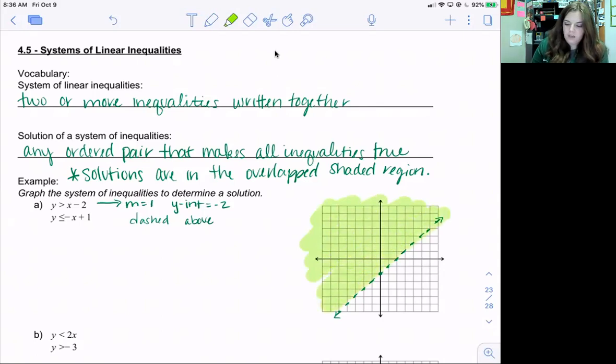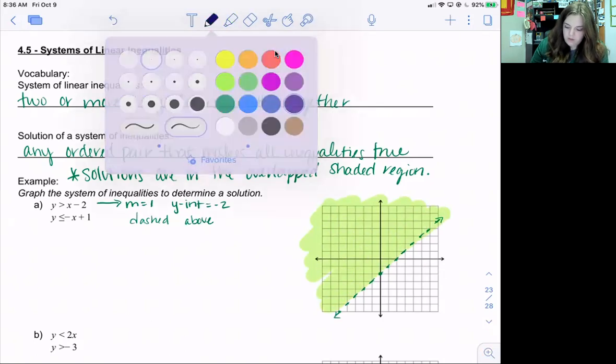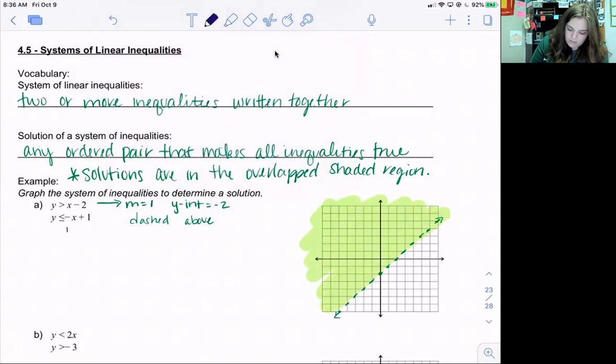Okay. Now, let's look at our second inequality. y is less than or equal to negative x plus 1. We have a slope of negative 1 and a y-intercept of positive 1. So let's go ahead and start there. Y-intercept of positive 1. Slope of negative 1, so we're going down 1, right 1. I'm going to continue that line off of our graph.